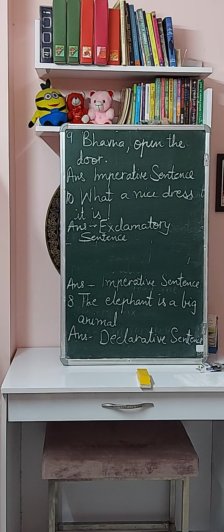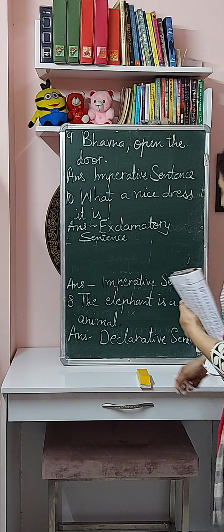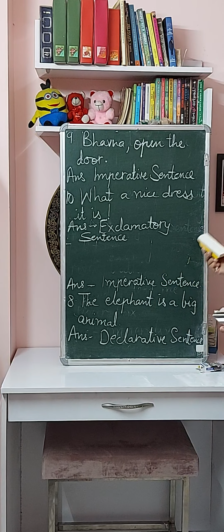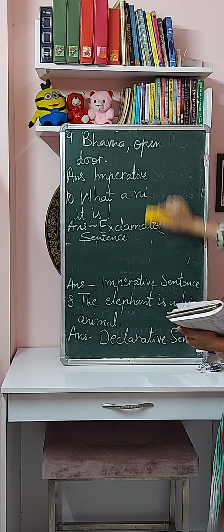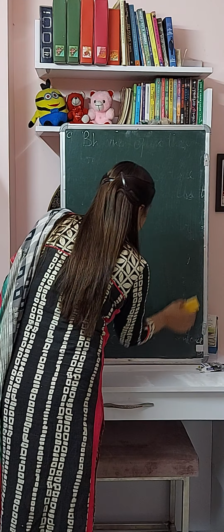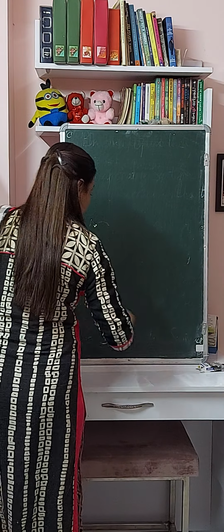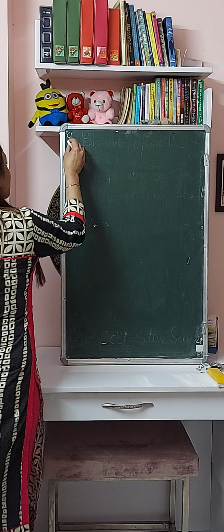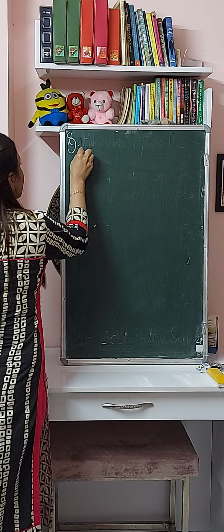Alright. After this we will move on to one more exercise. That will be a very small exercise based on the topic of subject and predicate. So we will be doing this exercise like this.